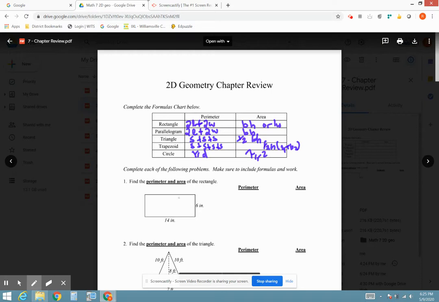So, perimeter and area of a rectangle. Perimeter, pick out the right formula. Area, pick out the right formula. Okay, go ahead and solve those.